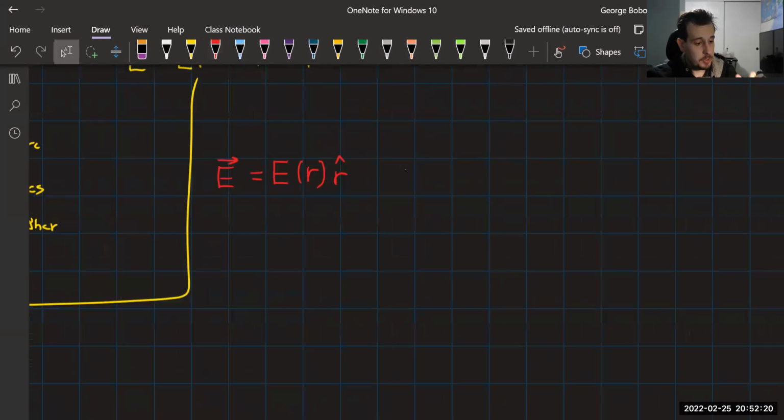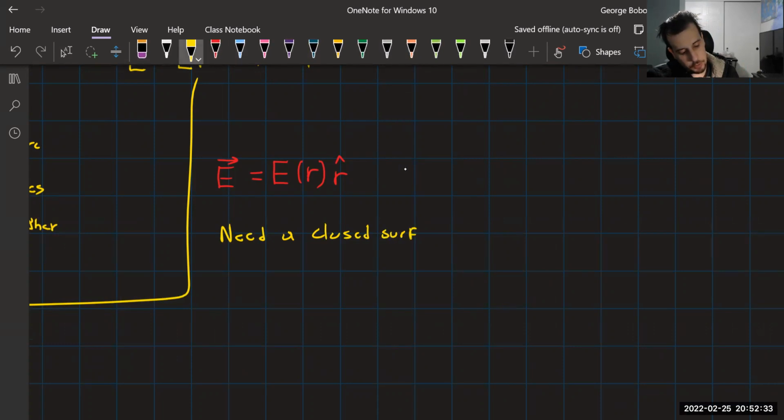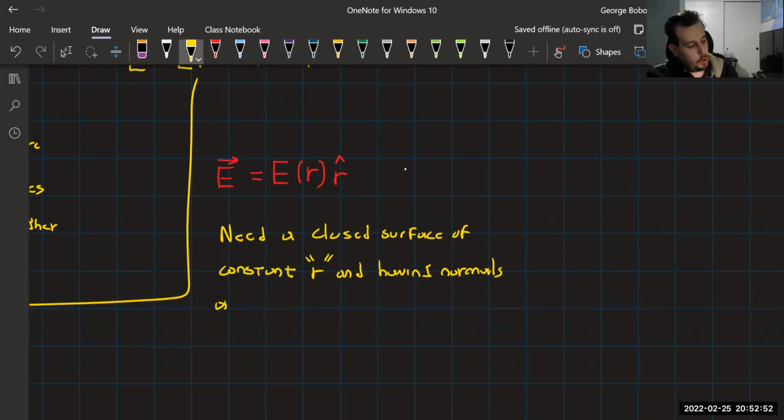So that's how I'm thinking about it. We need a building block, a closed surface rather. Need a closed surface of constant R and having normals along R hat.